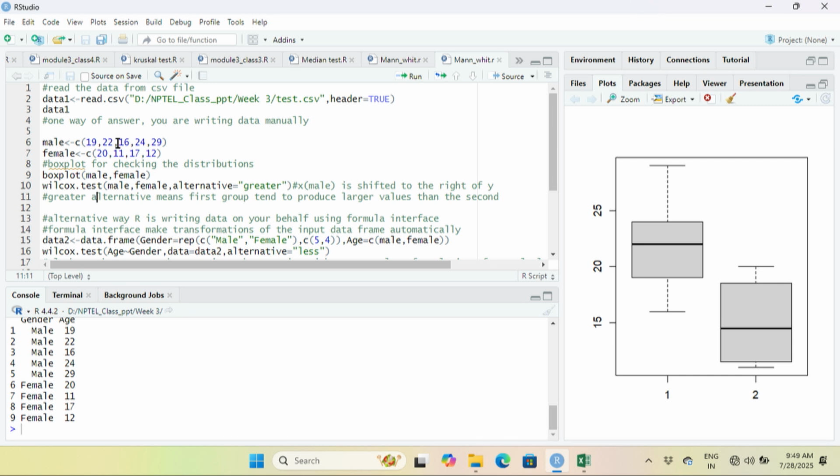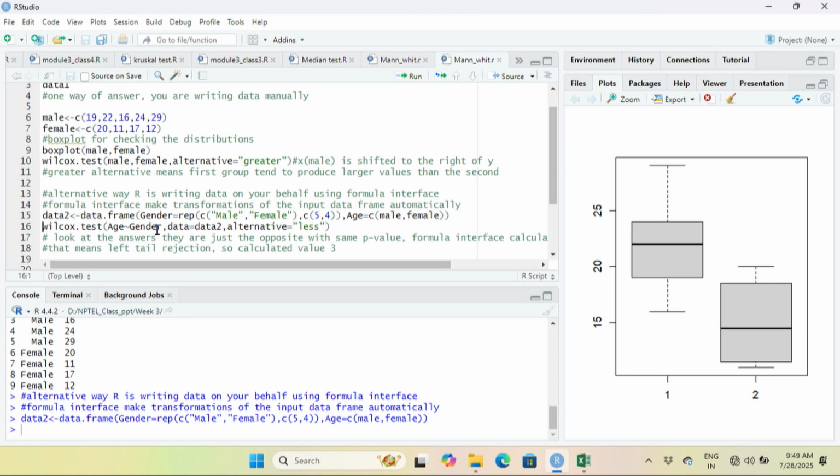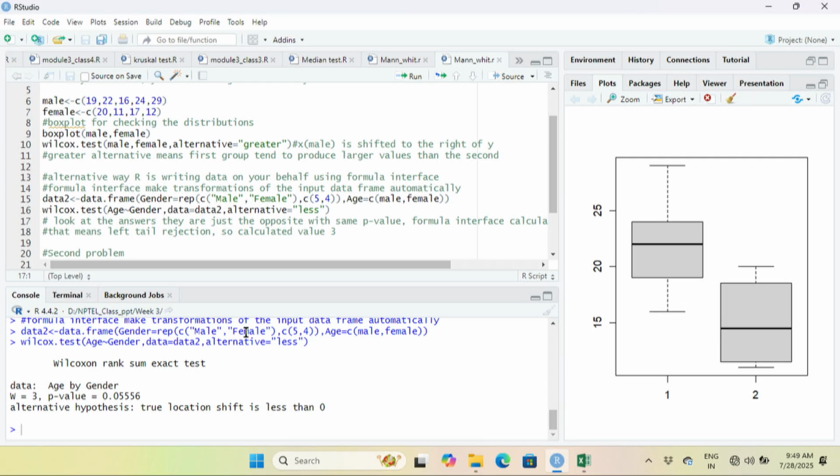Without manually incorporating the observations like we did here, you can directly write data2, that is a data frame. I am making the data frame. So data2 is made on that data frame, male and female, age and this, and directly what you can do, yes, now you see data is equal to data2.